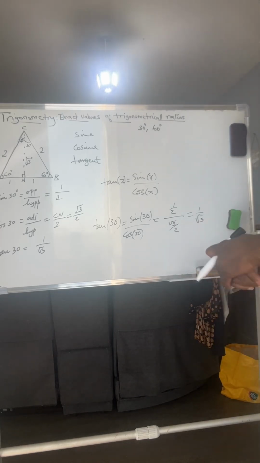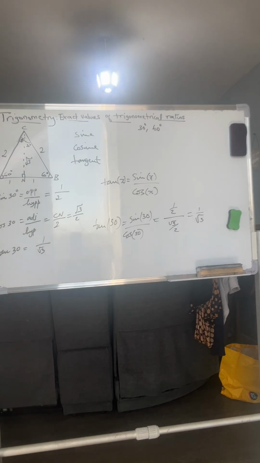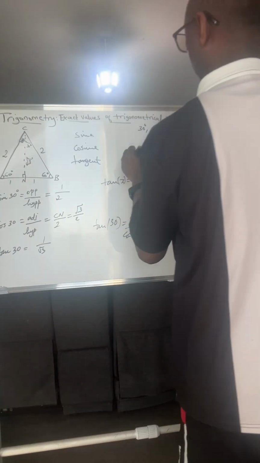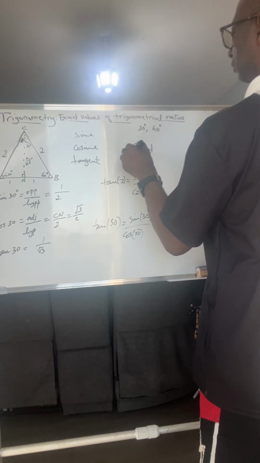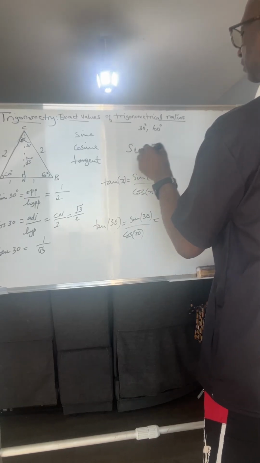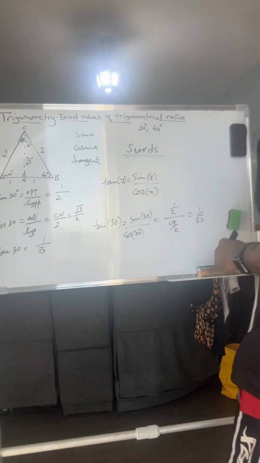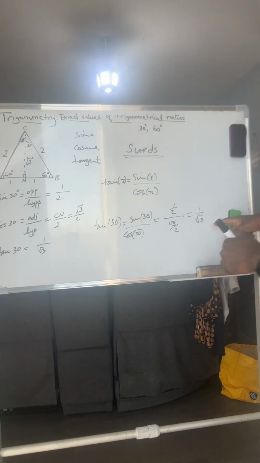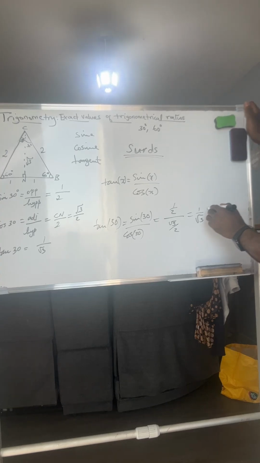This is the square root of 3. If you don't sort surds, we want to rationalise this. So what we do here, we multiply top and bottom by √3.